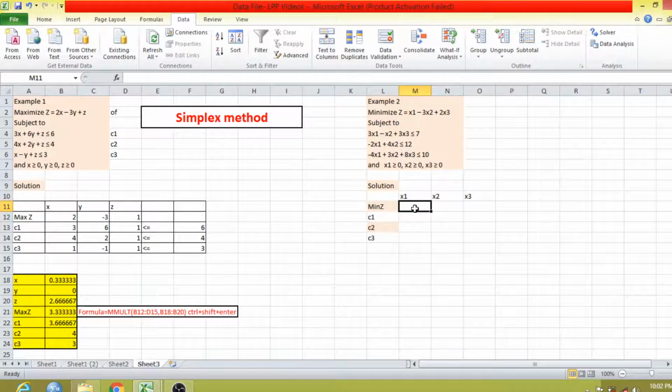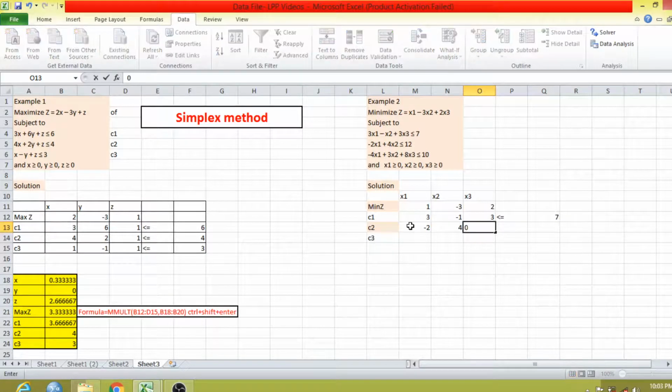For this z it is 1, then -3, then 2. Then for constraint 1 it is 3, then -1 and 3. What is the sign? Is equal to 7. Then C2 it is -2, 4, and for x3 it is not given anything, so we will include 0.